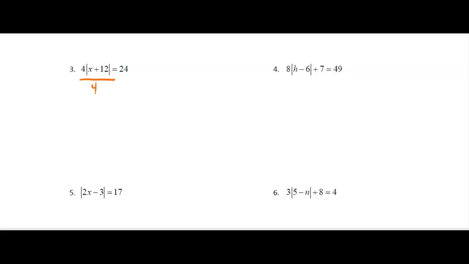So after I divide by 4, now my absolute value is by itself. Now I split it, and I know that I'm going to have x plus 12 equals -6. I always put the -1 first. Or x plus 12 equals +6.